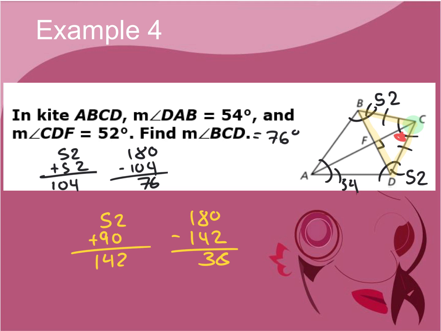So we would do 38 times 2. Sorry, my pencil has been messing up. We get 76. If you don't want to multiply, you can do 38 plus 38, and you still get 76. Those are two ways that you can get the same angle. The 38 I got by solving for this small triangle. So I got 52 plus 90 and subtracted that from 180 to get this remainder angle right here.